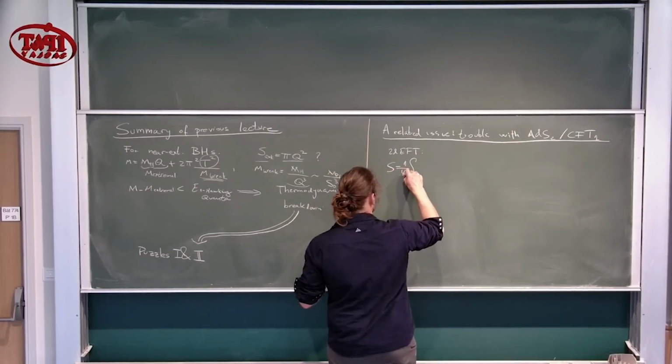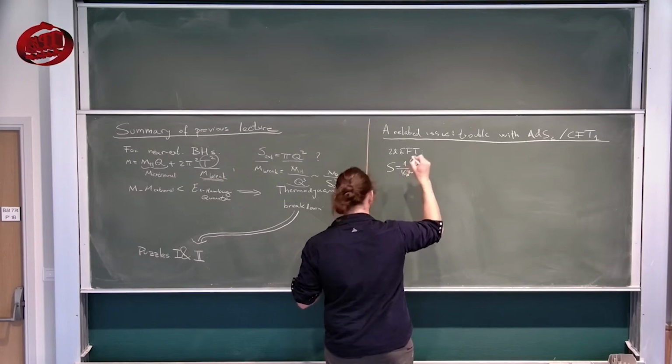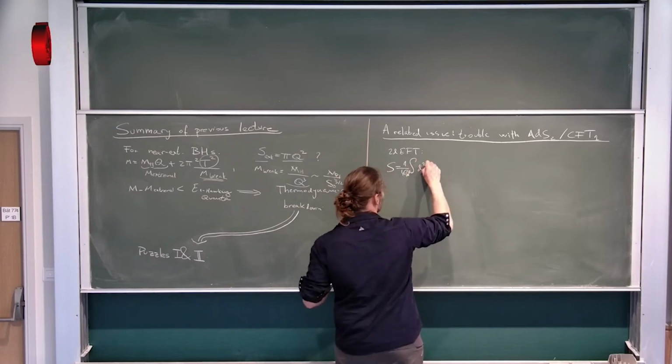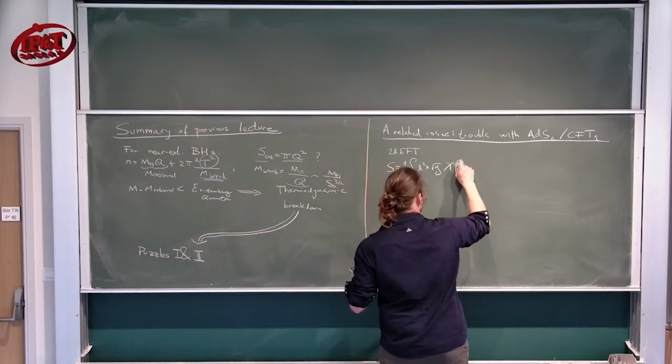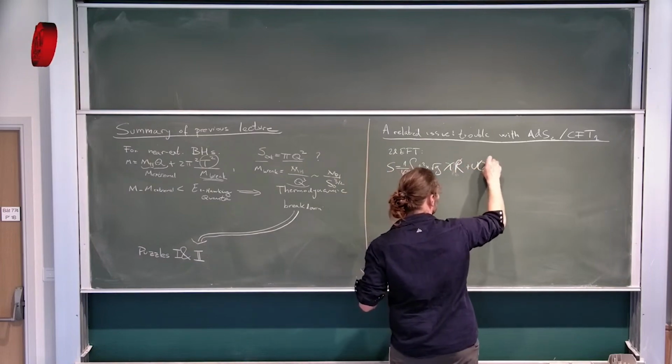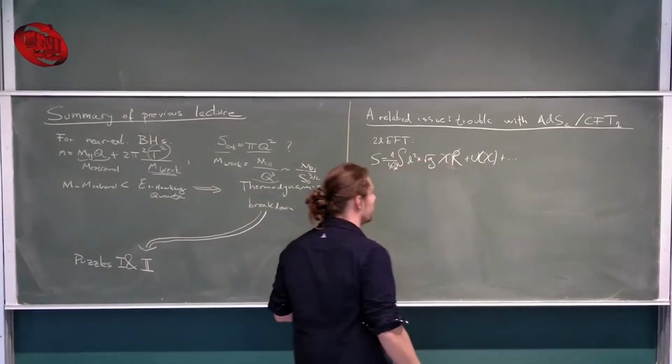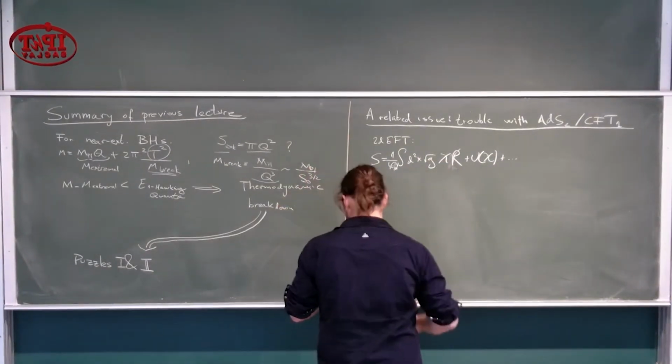It was 1 over 4 G Newton 4d, the integral of root g times chi R, plus a potential U of chi, plus couplings between matter fields and the metric and the dilaton.